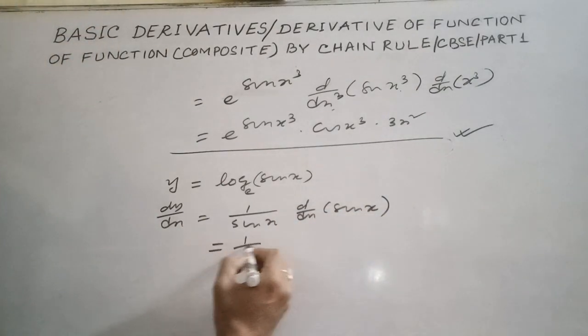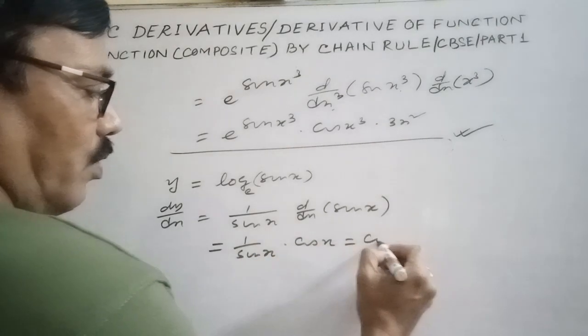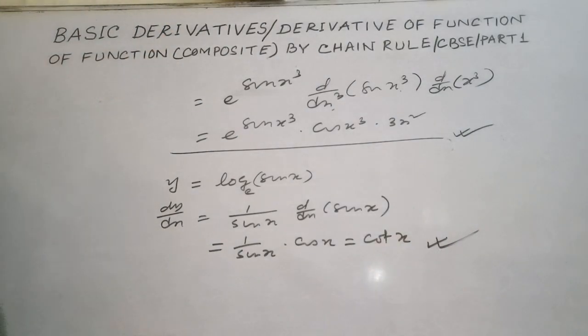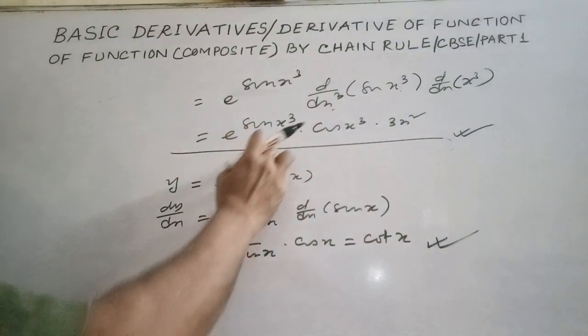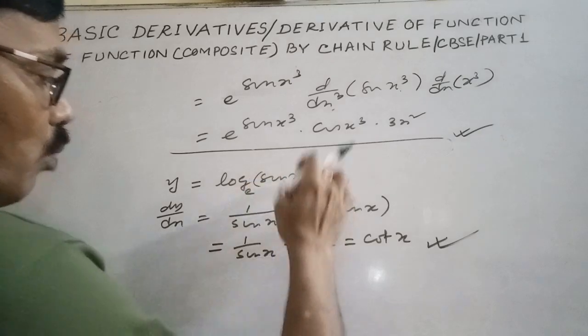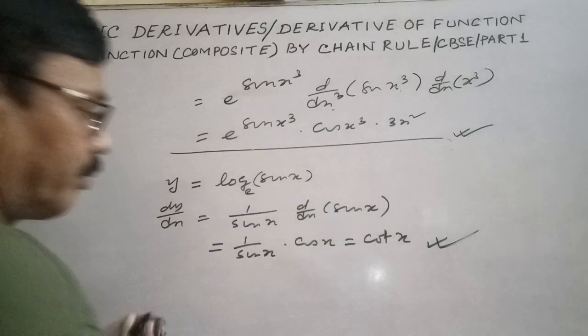So 1 by sine x into cos x, that is cot x. We always use this one. This will be simple. Main function is log. What is the derivative of log? 1 by sine. Then mind it, d/dx of the argument of log.